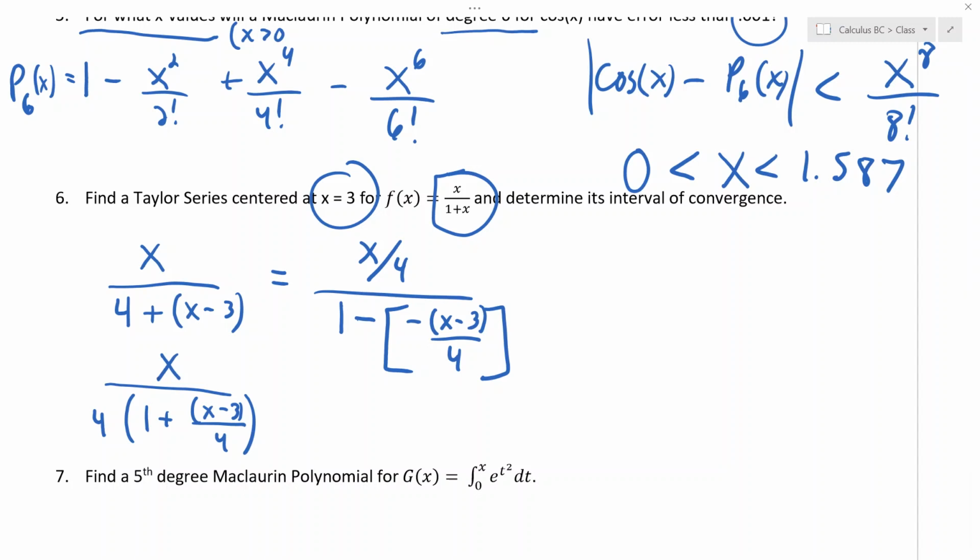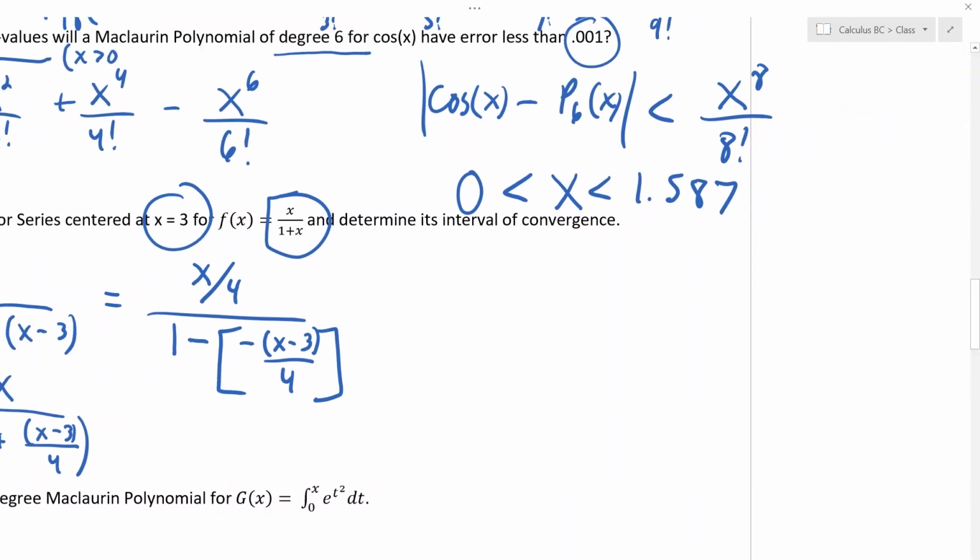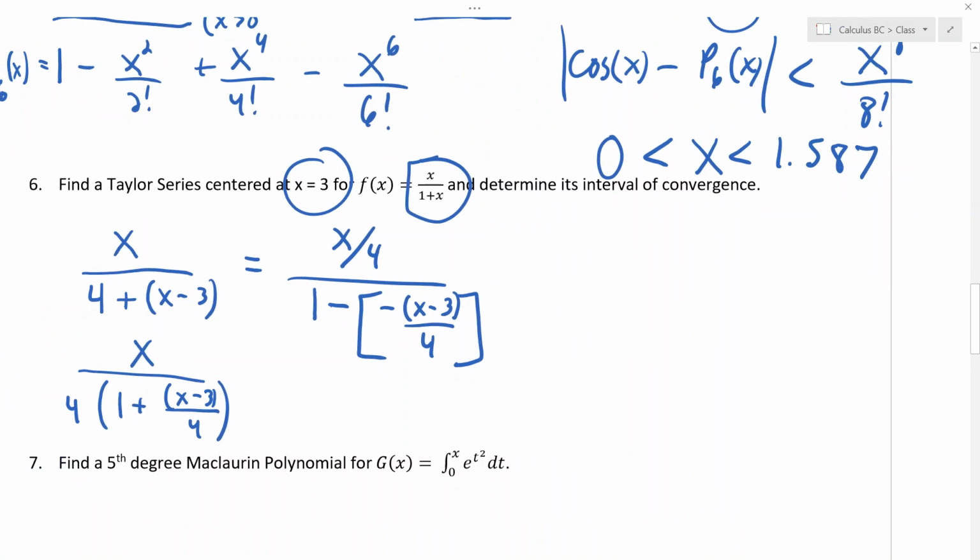So the first term is x over 4, and the ratio is negative x minus 3 over 4. But that's centered at 3. That's what we want. Because this was this, I need this x to become x minus 3. Well, 4 plus x minus 3 is 1 plus x, same thing.